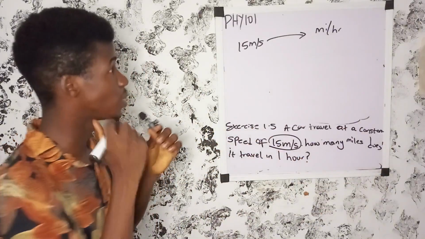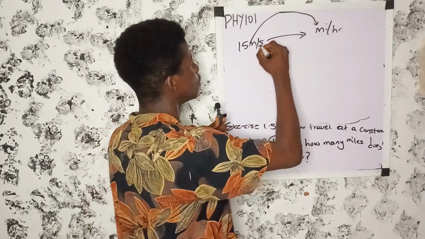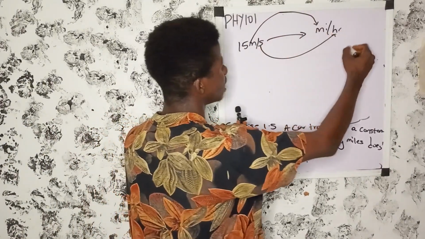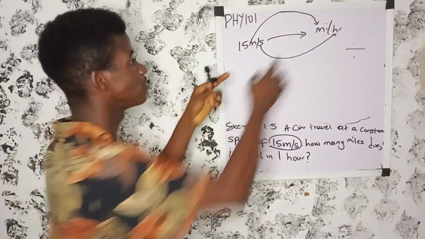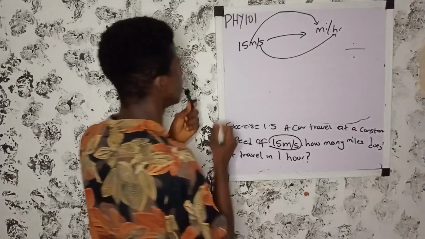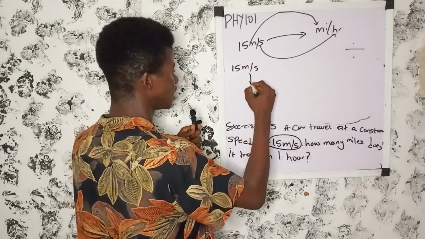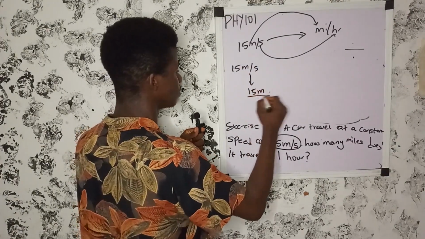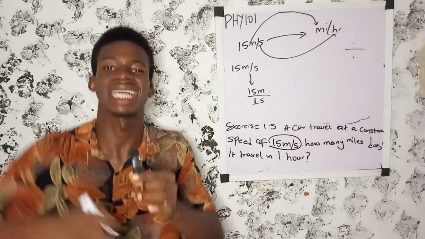So the very first thing we are going to do, we are going to convert meters to miles, then convert seconds to hours, then we divide our answers to get the final answer. Now, 15 meters per second is the same thing as 15 meters divided by 1 second. Anything divided by 1 gives you that same thing.